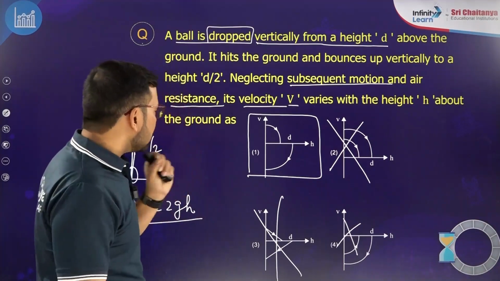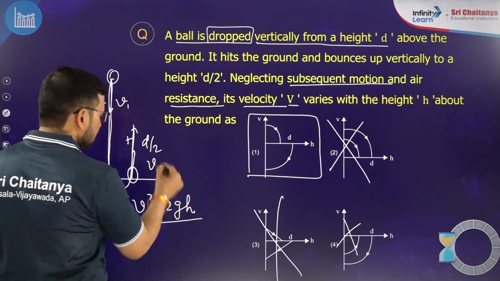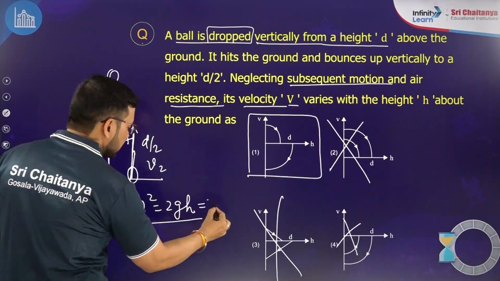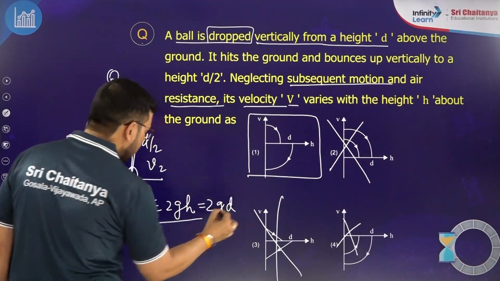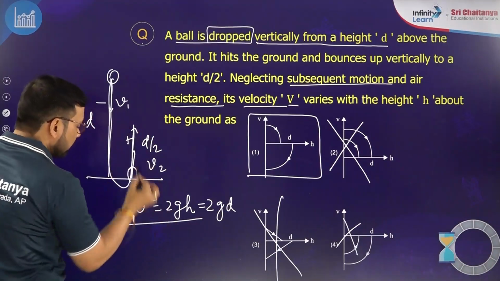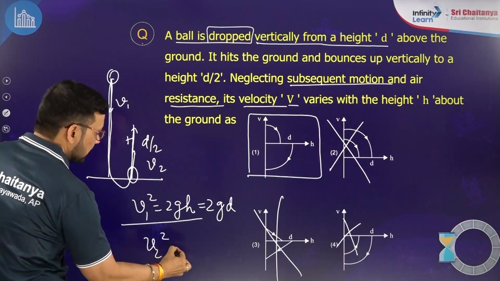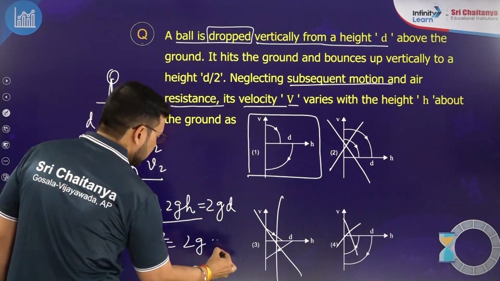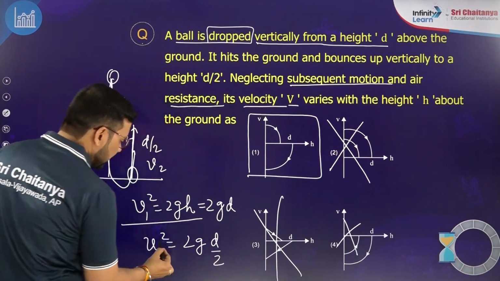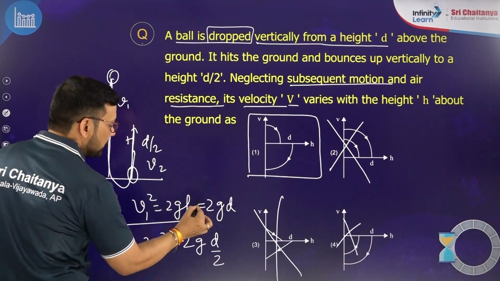Now for proper concept, what do we write? v square is 2gh, that is 2gd, and this is v1 we have written. For upward motion, v2 square is equal to 2g d by 2. That has to be positive and that has to be negative.